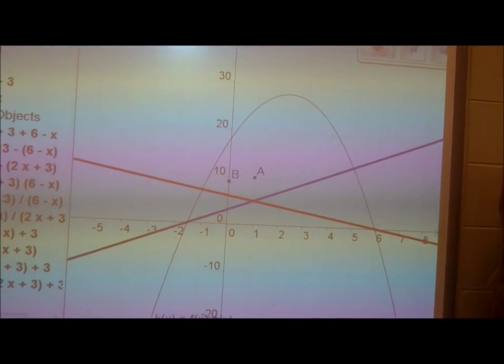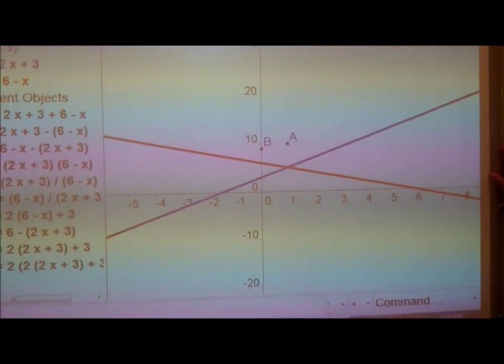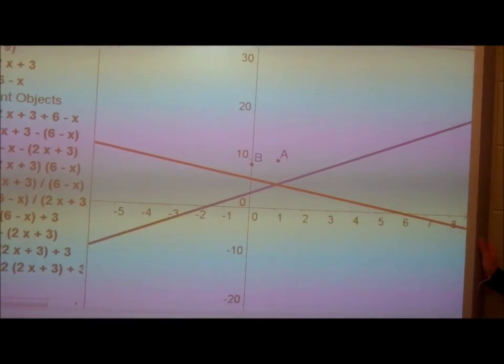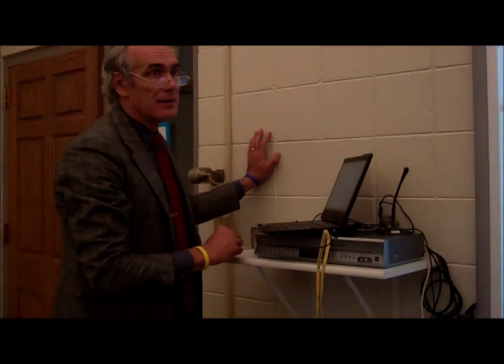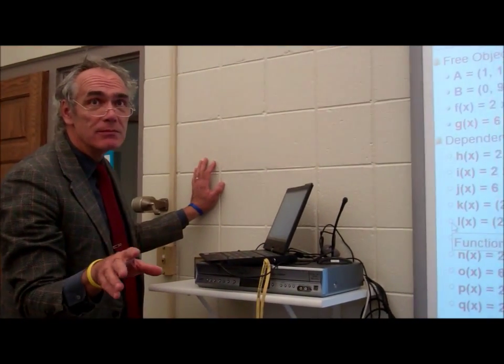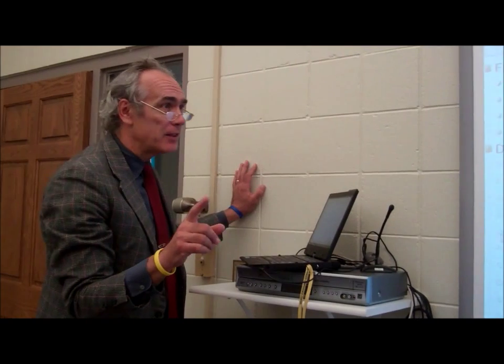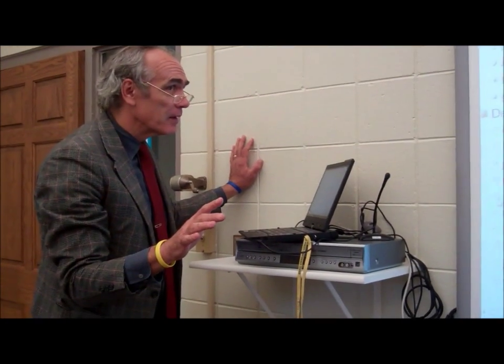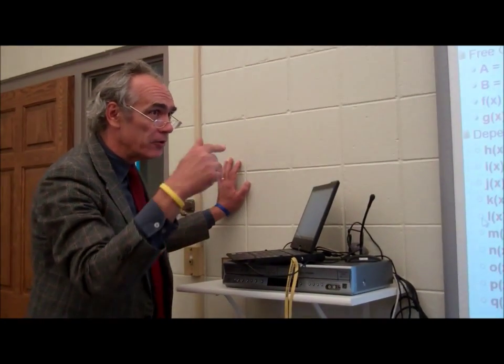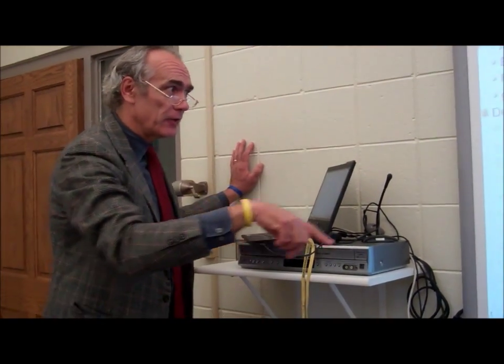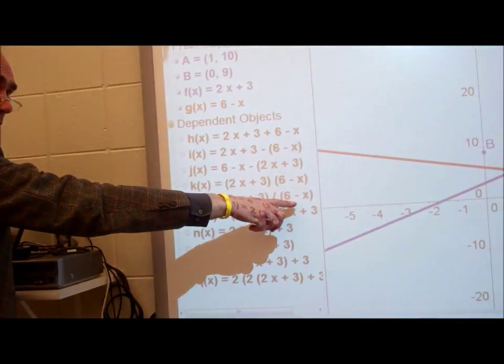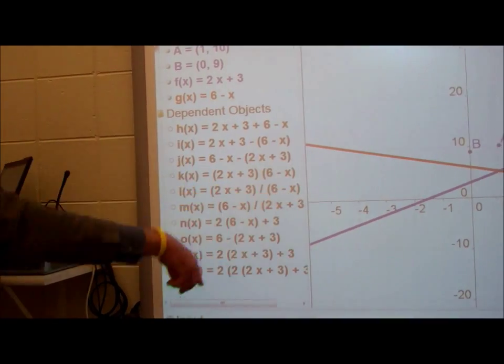Okay, that's multiplying two functions. What about dividing them? Is there going to be a line? Anything funny going to happen? You're dividing by x, and x is underneath. So, what happens at 6?